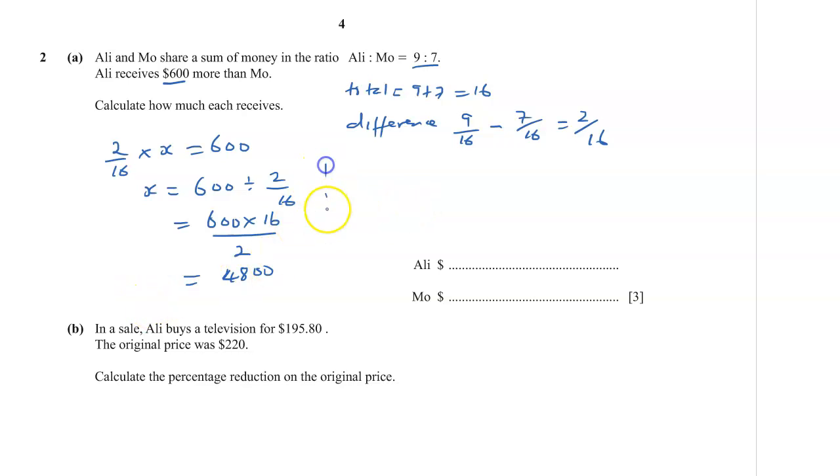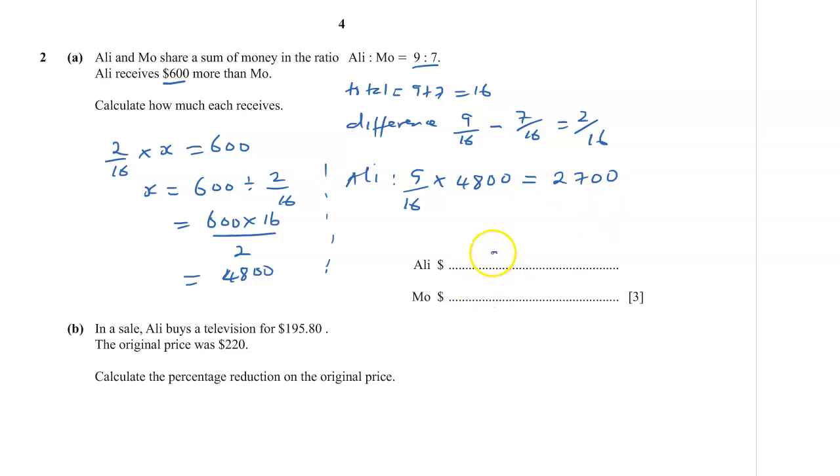So the total here for Ali is the ratio of 9 over 16 times 4,800. This gives Ali 2,700.